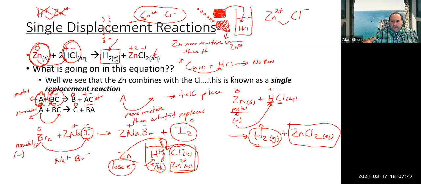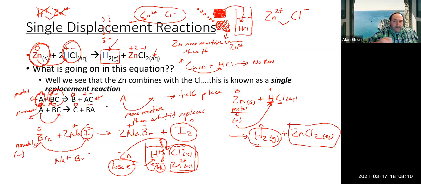So these are all things that you want to look at if you're analyzing an equation. The general, okay, I got this and this that makes this, looks just like how a single replacement reaction looks. Those general patterns like A plus B help you identify what's going on.